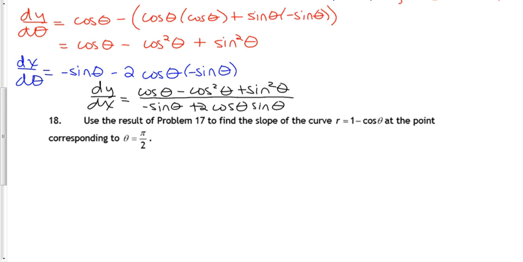So all we do now is we plug in pi over 2 into our equation. So we have cosine of pi over 2 minus cosine squared pi over 2. Hold on, let's see if my computer will catch up.